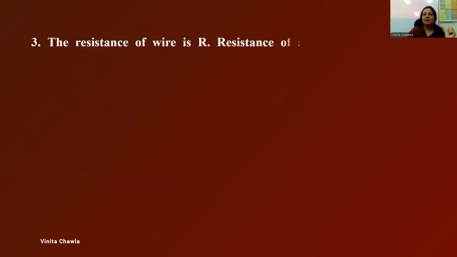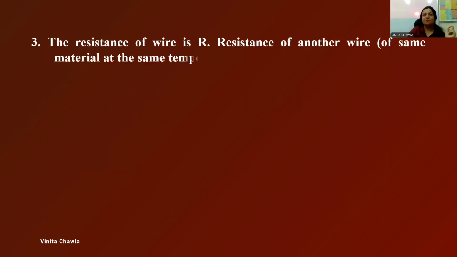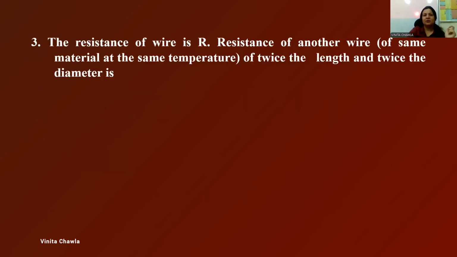The resistance of wire is R. The resistance of another wire of same material at same temperature is of twice length and twice diameter. Solve this now.